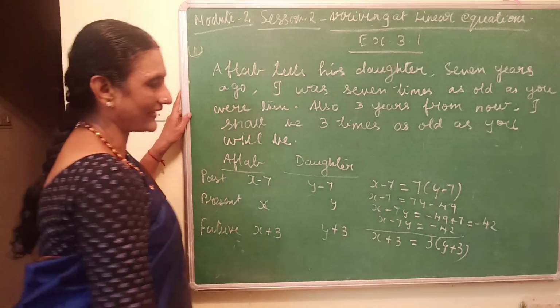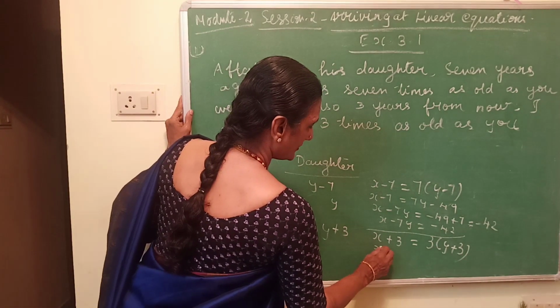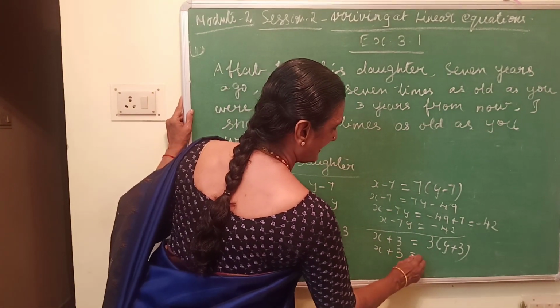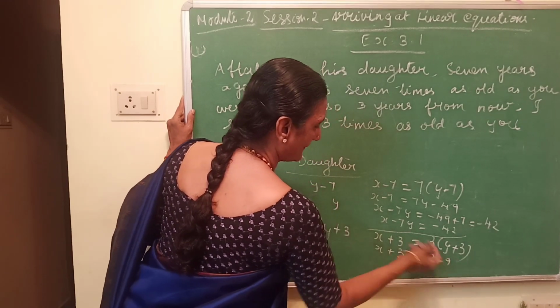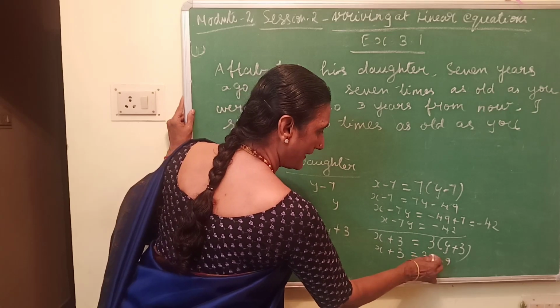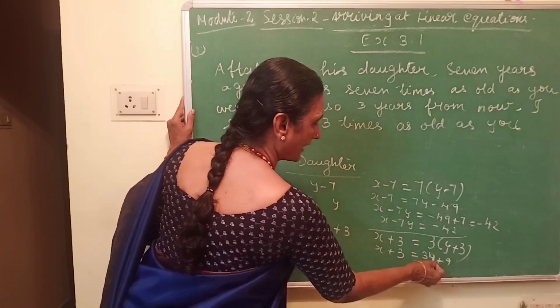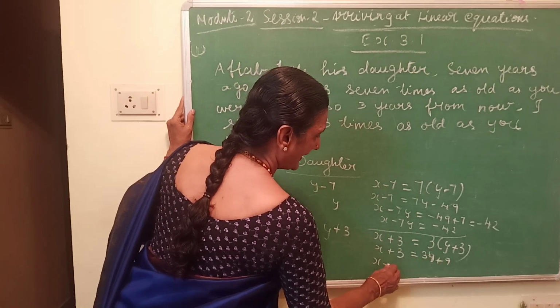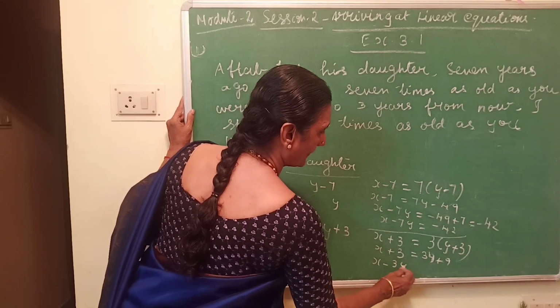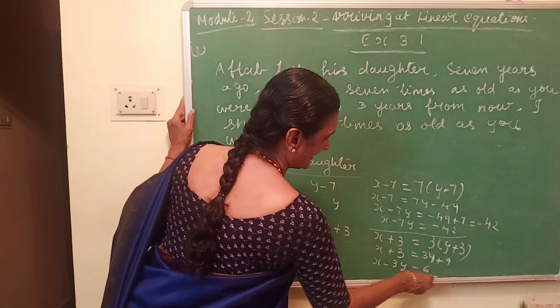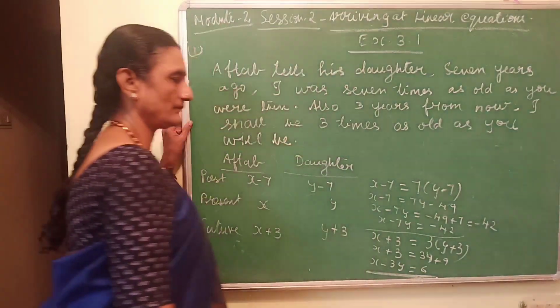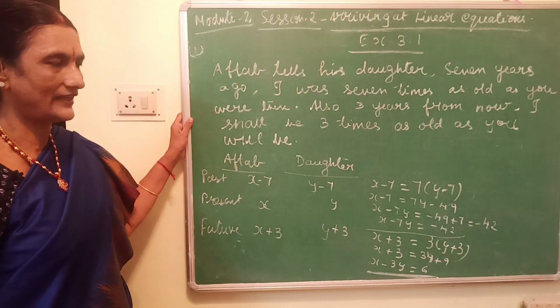So this is equation 1. Second equation, again we have to simplify. So that becomes X plus 3 is equal to 3Y plus 9. Applying the same rule, 3Y comes to this side. So I get X minus 3Y is equal to 9 minus 3, that is 6. This is equation 2. That is how you get the two equations.